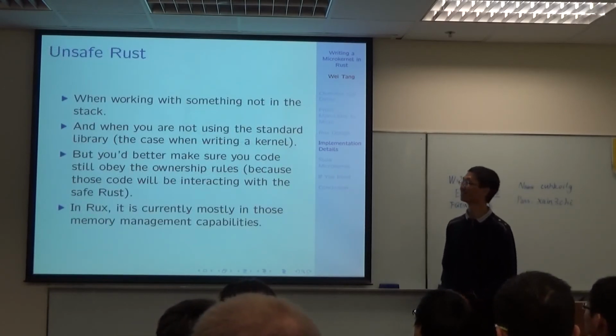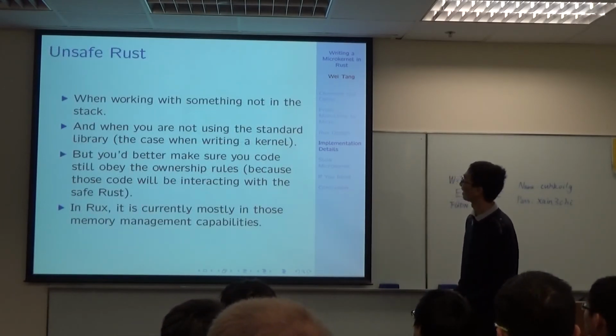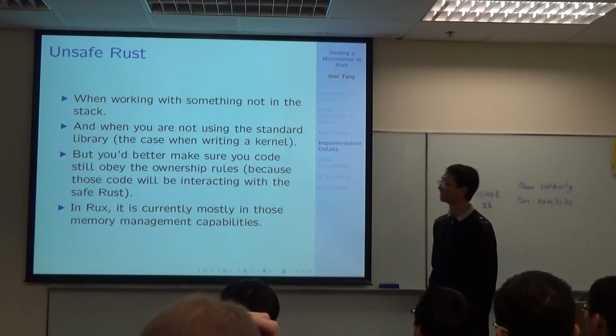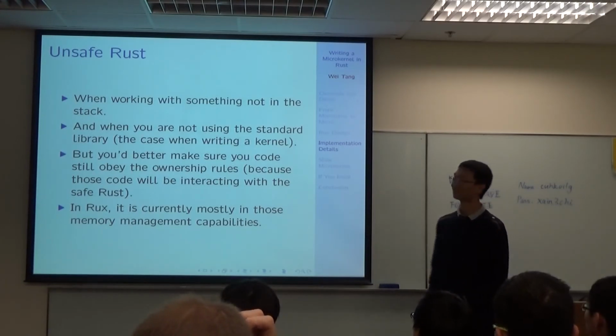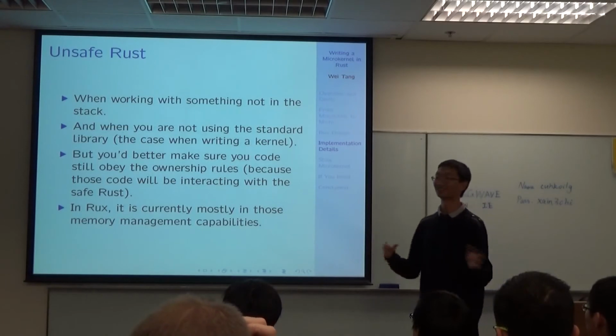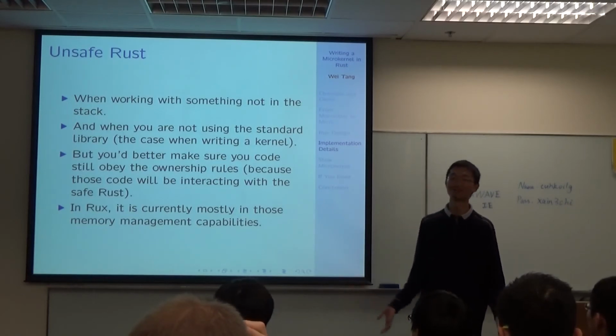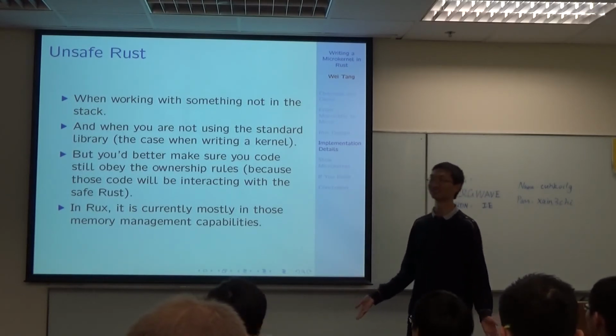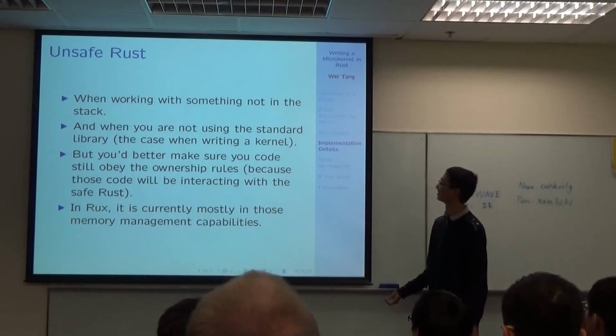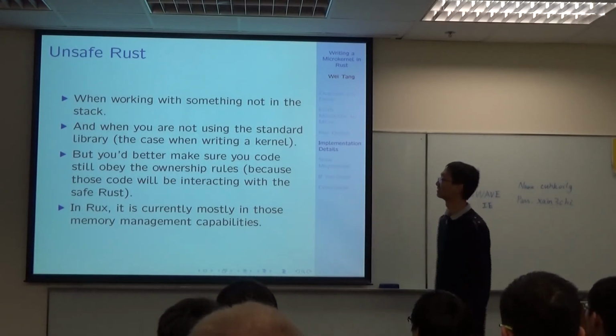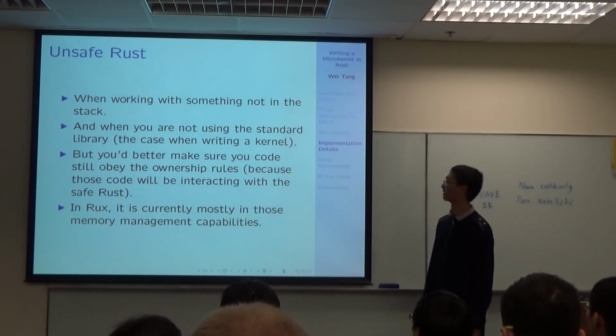So about unsafe Rust: when you're working with something not on the stack, but on the heap, and you don't have access to the standard library, that's basically what happens when you write a kernel. You can't use the standard library. So in that case, you need a lot of unsafe Rust.